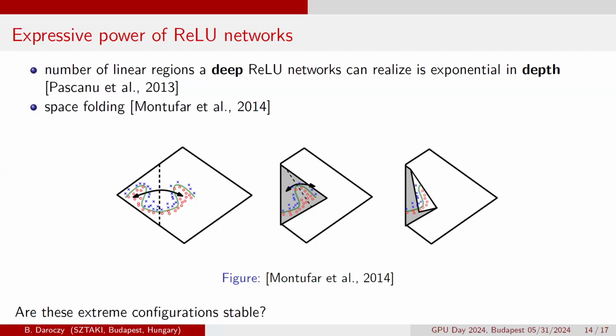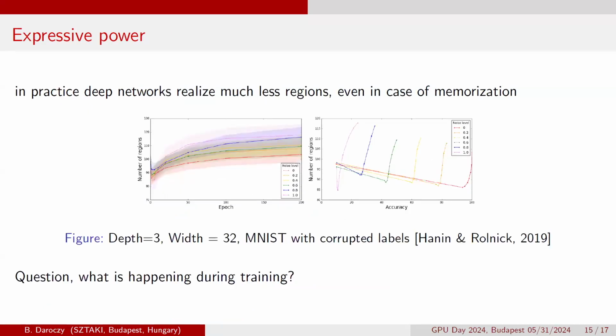But the question is how stable this configuration is, that the number of regions is actually more linear in the neuron size than nonlinear. Before that, usually they said the number of regions is exponential with the depth and the neurons and so on. It's not. In practice, it's not.